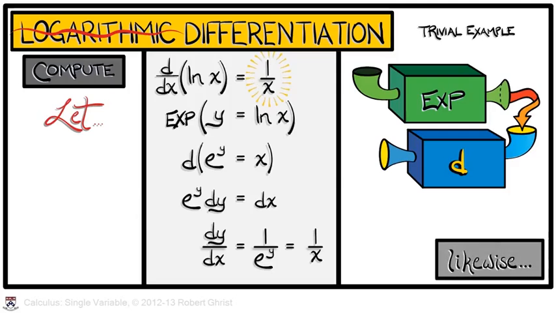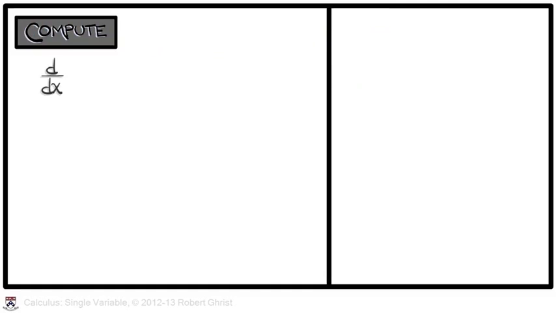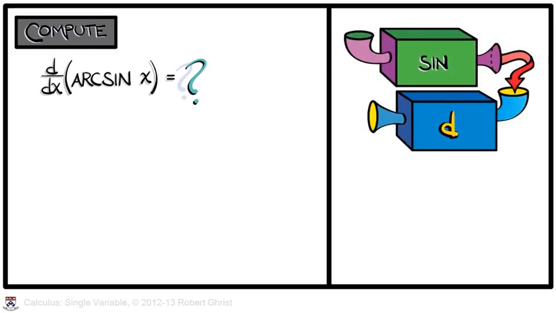But that's not all we can do. If asked to compute the derivative of arcsine, how would we proceed? What would the appropriate operator be? It's pretty clear that sine is what we want to use to feed into the derivative. For example, if we let y be equal to arcsine of x and apply the sine operator to both sides, what do we get?